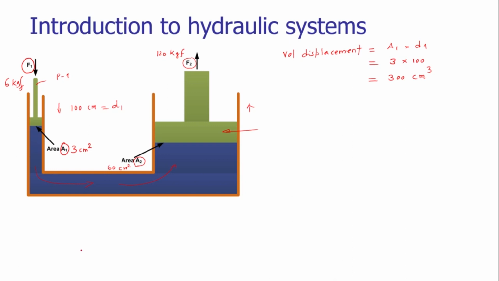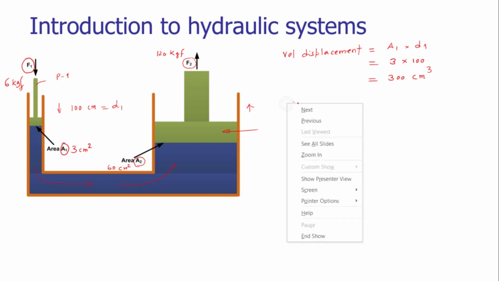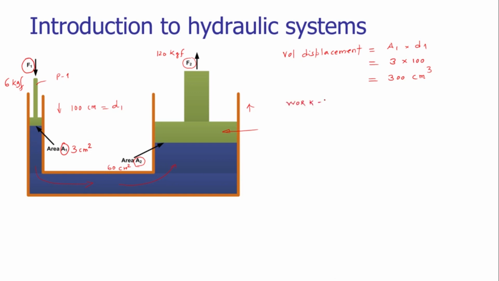So the work done at the left side of the system, work 1, is the force F1 into the displacement D1, and that would be equal to the work getting transformed into work 2 at the right side of the system, that would be F2 into the displacement of F2.